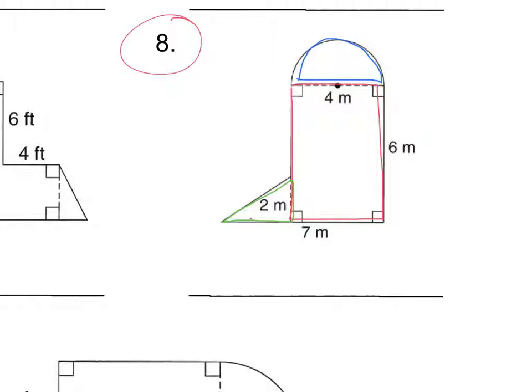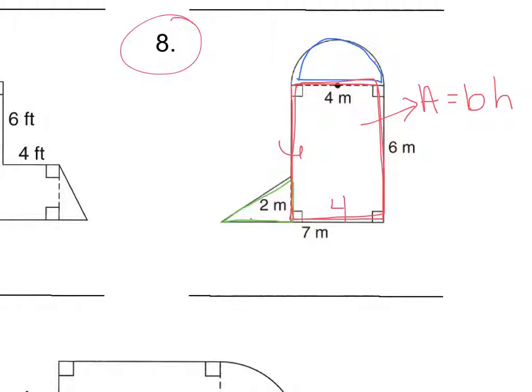Let's start with the rectangle. I think that'll be the easiest one. To find the area of the rectangle, we take the base times the height, or you could be thinking length times width. Looking at the red rectangle, I notice that it is 4 by 6.